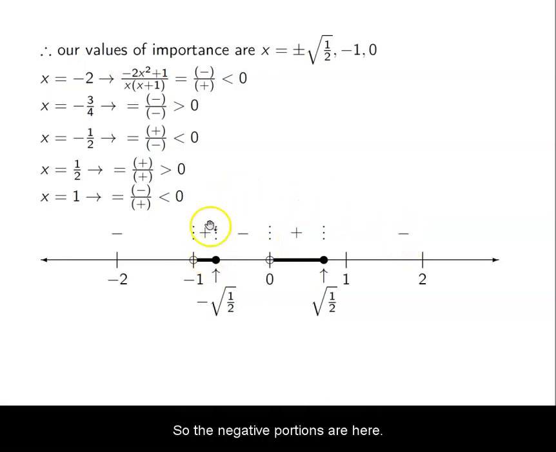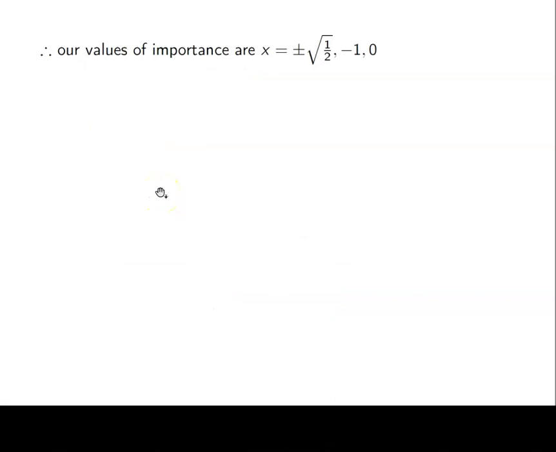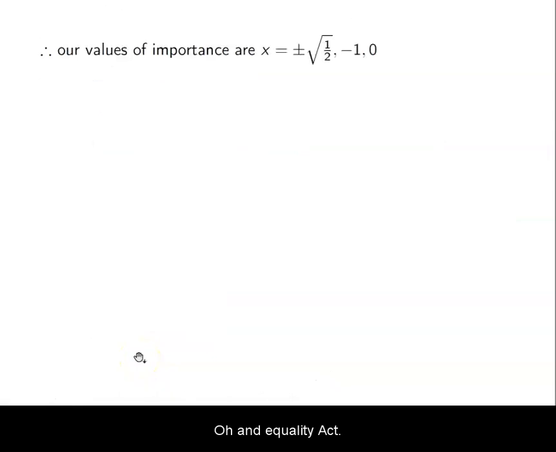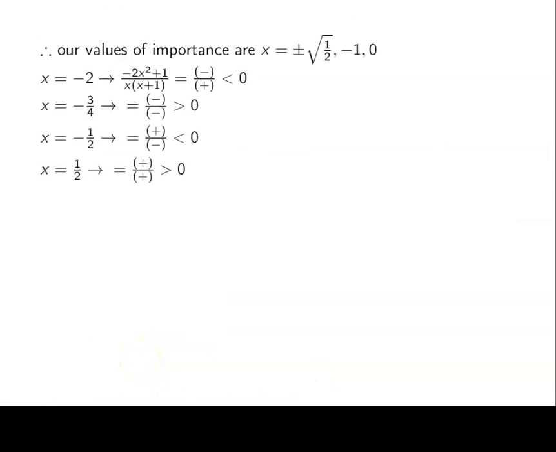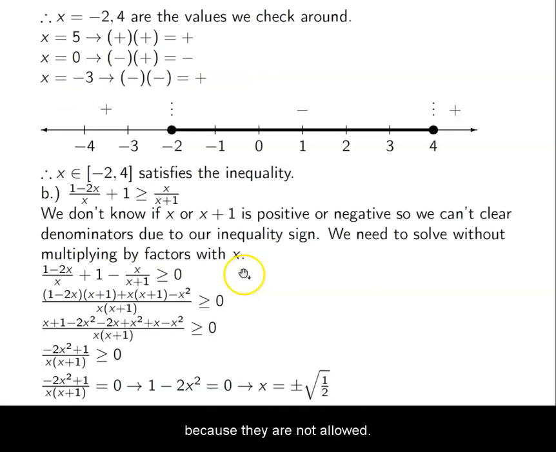So the negative portions are here, and this is strictly in equals to. Okay. Oh, it has the equality actually. Okay. So apologies. So, negative 1 and 0 are not included. The reason why they're not included in this interval is because they are not allowed in my domain, right? x and x plus 1.